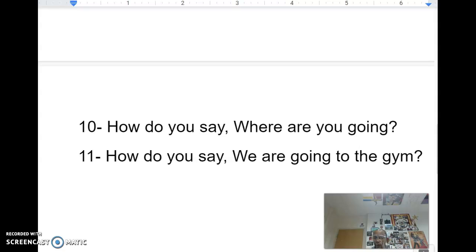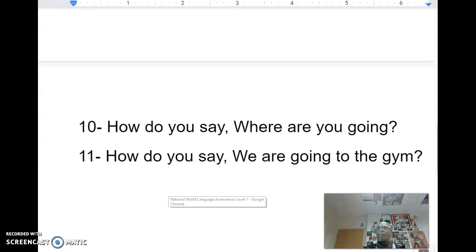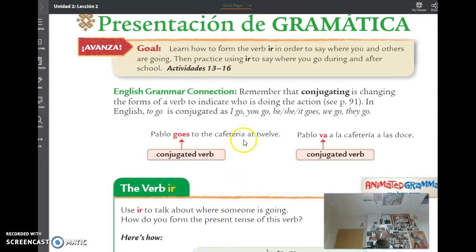So let's get to this, if this thing allows me to move. It's so slow. All right.